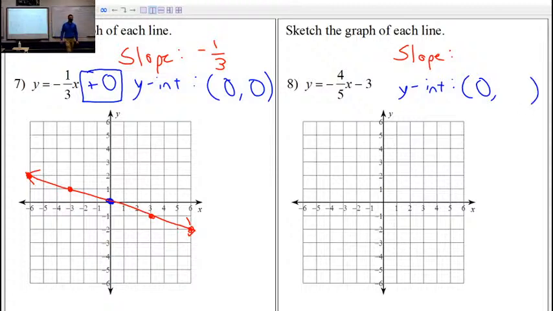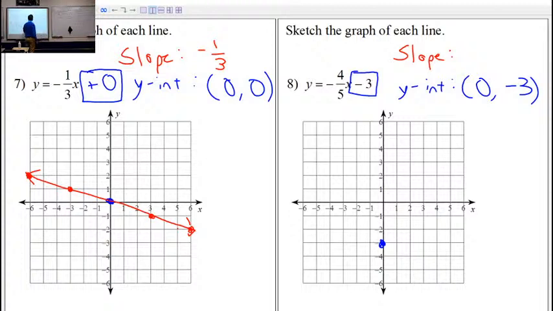Y-intercept is the point that I used to start with. Again, we usually look for it hanging out here. Since we're subtracting 3, that means our y-intercept is going to be at (0, -3). And that gives us our point to start with.